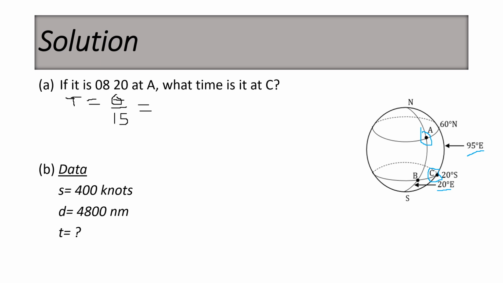In this case, they are both on the east side, so we subtract: 95 minus 20 gives 75. So here we have 75 as our difference over 15.